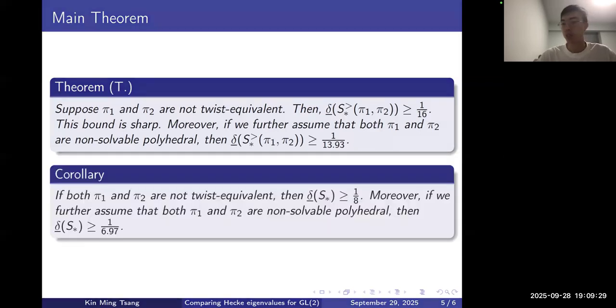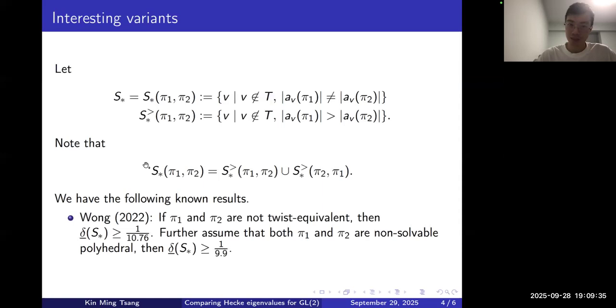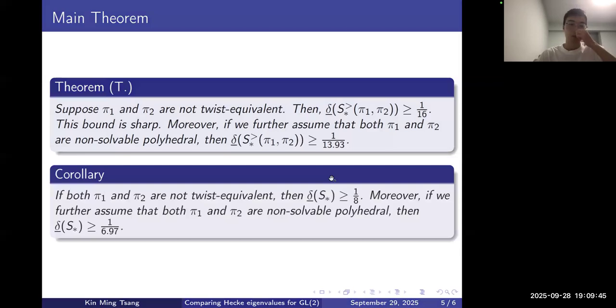Now, you might ask, how does this result compare to the previous one? In fact, here comes the corollary. The corollary basically uses the fact that S* is the union of S*_>(π1,π2) and S*_>(π2,π1). So the corollary says that if π1 and π2 are not twist equivalent, then the lower Dirichlet density of this S* is greater than or equal to 1/8.